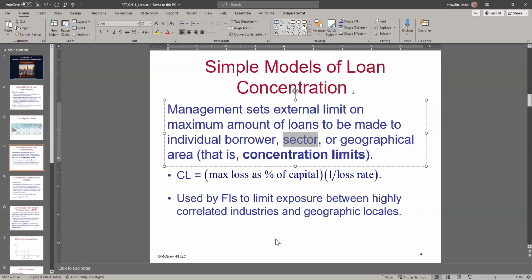But the point is that this is about not putting all your eggs in one basket. And that's how you do it. The way you calculate that concentration limit, there's a thing called the maximum loss as a percentage of capital that you may incur with those loans. And then you multiply by 1 over the loss rate. Or you can just divide it by the loss rate. You get the same number.